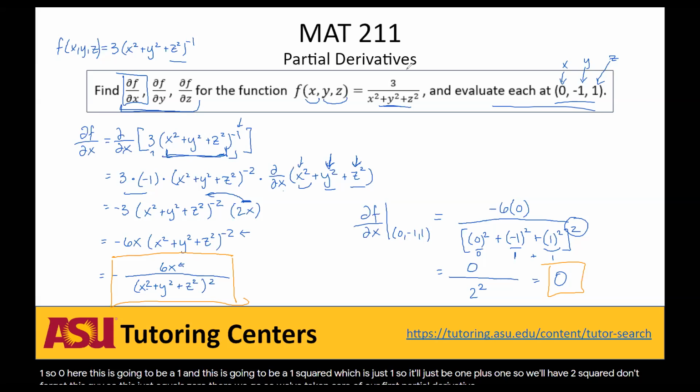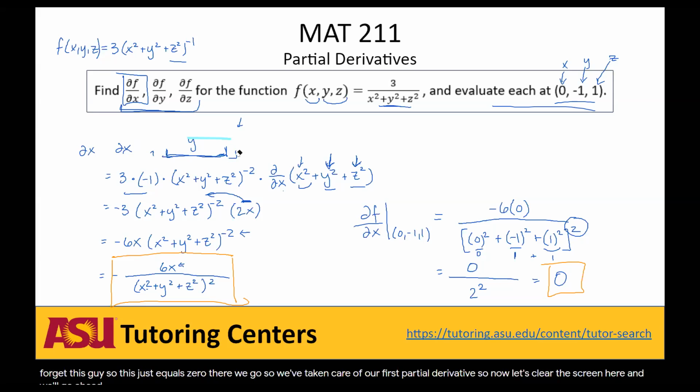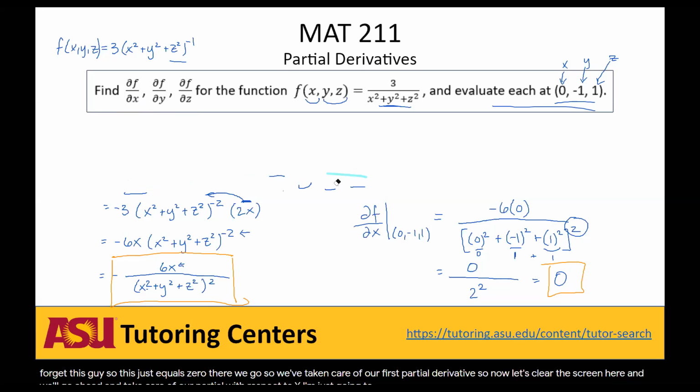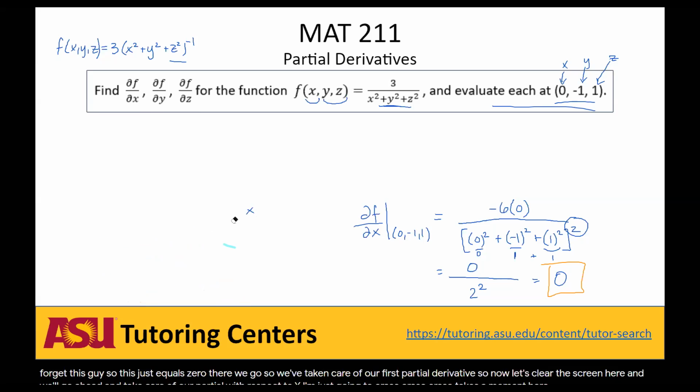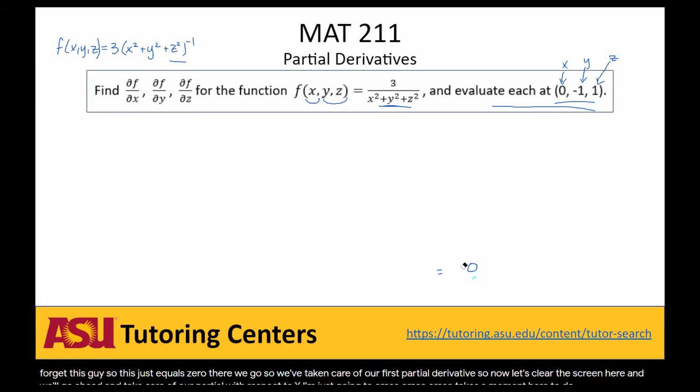So now let's clear the screen here, and we'll go ahead and take care of our partial with respect to y. I'm just going to erase, erase, erase. Takes a moment here. Erase, erase, erase.